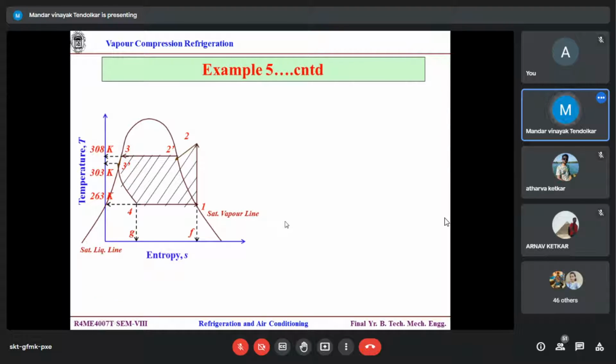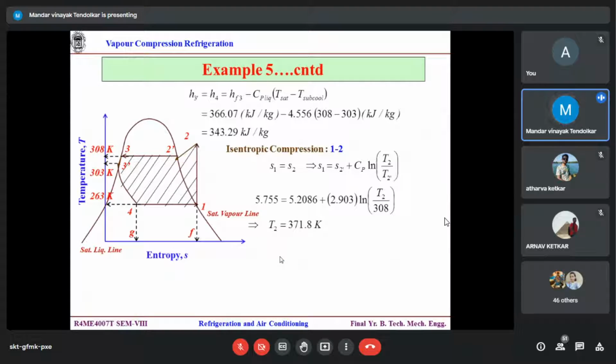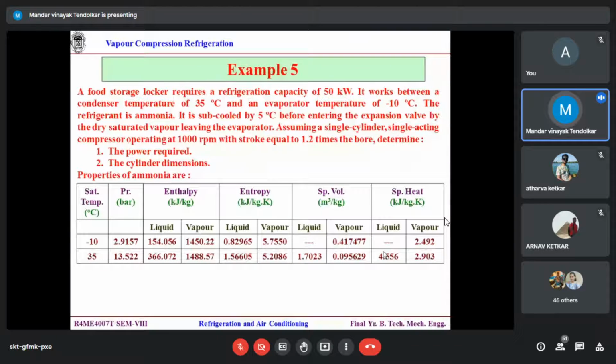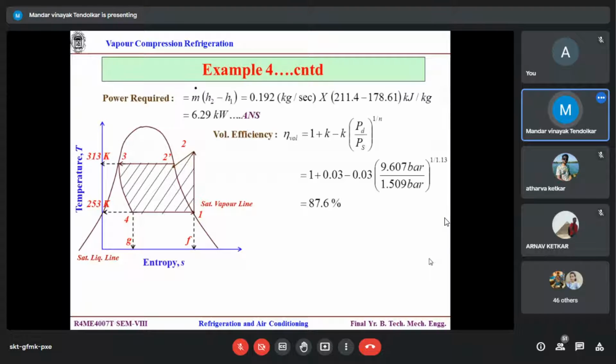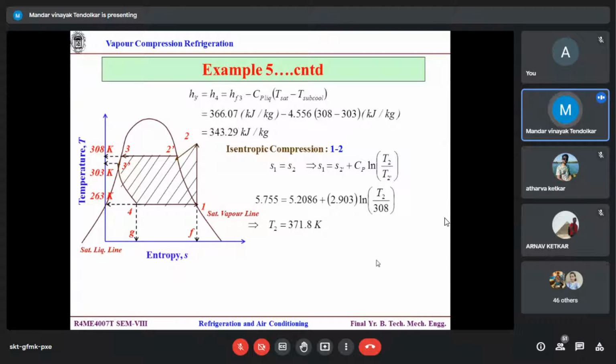Then the other, this 5.2086. Correct? So that I substitute over here. Then Cp, Cp कहाँ से लिया? Cp of the vapor part. So here specific heat vapor 2.903. Correct? So that is what is taken over here.